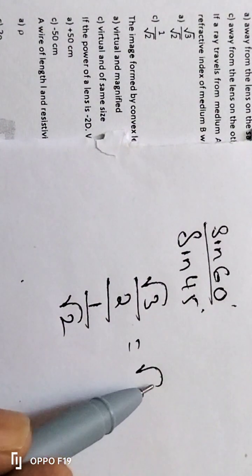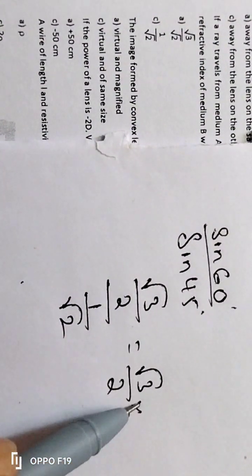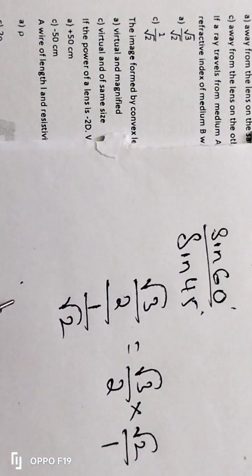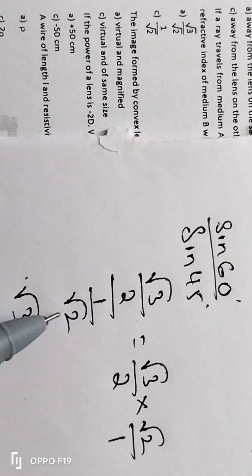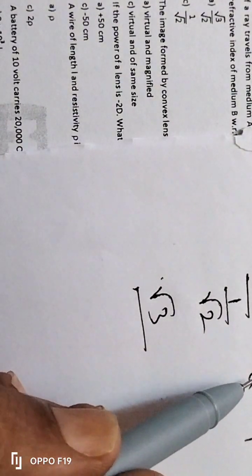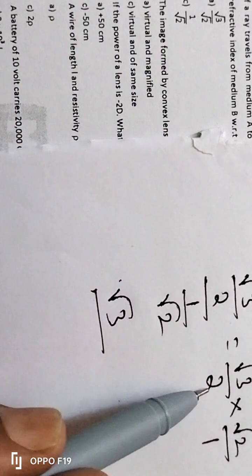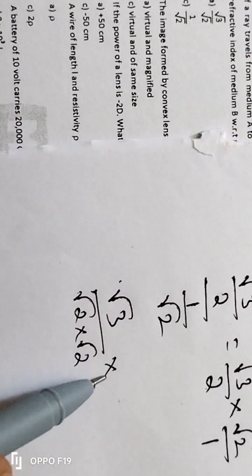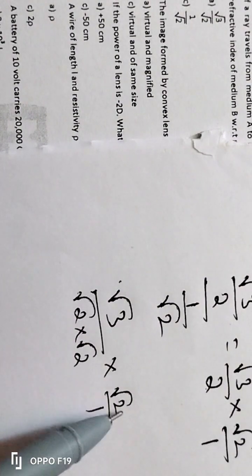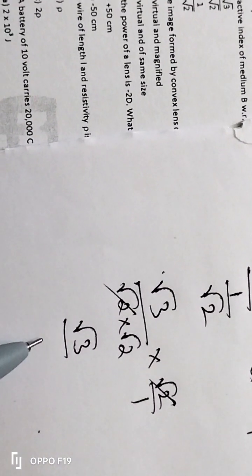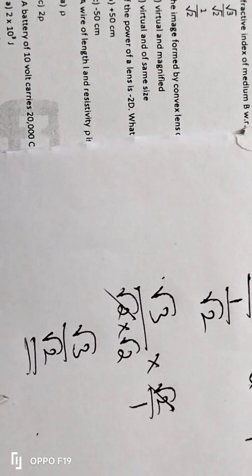So it is equal to root 3 by 2 into the reciprocal of 1 by root 2, which is root 2 by 1. Now this 2 can be written as root 2 into root 2, and root 2 cancels. What remains is root 3 divided by root 2.